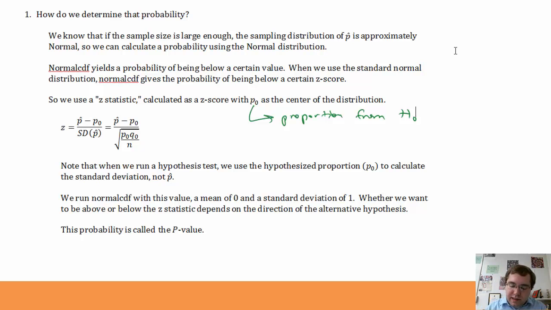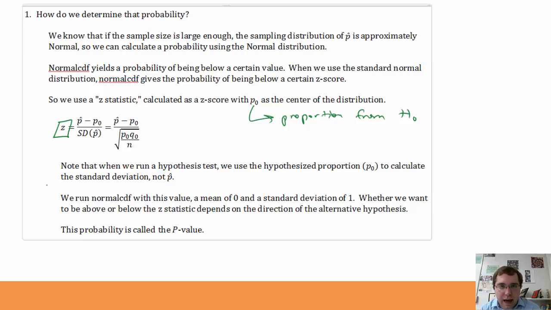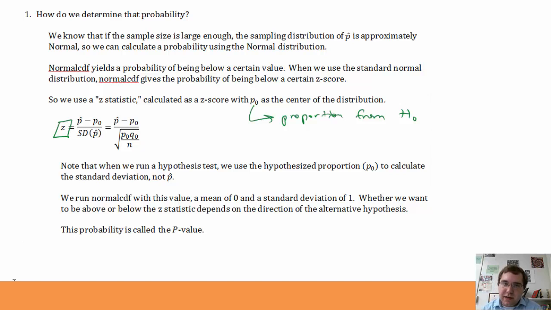So the Z statistic, the test statistic for a hypothesis test for proportions, is p-hat, that is the statistic we got from our sample, minus the null hypothesis, p naught, divided by the standard deviation of p-hat. So p-hat minus p naught over the square root of p naught, q naught over n.